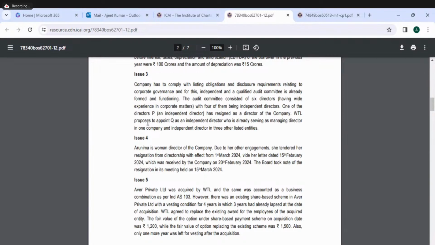So we were talking about independent directors. These independent directors are such directors who are people of integrity and they possess relevant expertise and experience in the particular field. So what happens? These independent directors have an independent mindset and they are not influenced by the other members of the board.